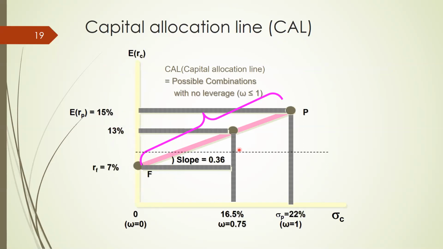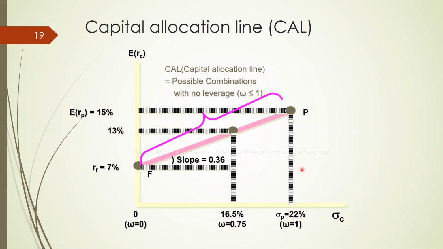So this line is the capital allocation line. It shows you the risk and return combination for any given asset allocation. The allocation can be as low as 0, omega equal to 0, to as high as omega equal to 1. When leverage is allowed, we can actually increase omega to be above 1.